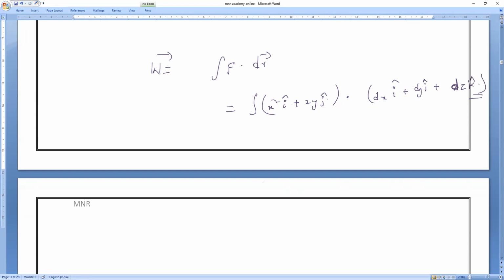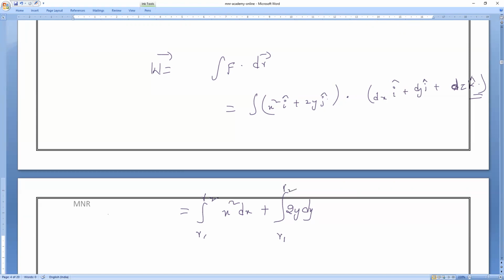That is the first thing. Next, you can do the dot product. So x square into dx becomes x square dx, plus 2y into dy, which becomes 2y dy. Again, integration with limits r1 to r2.